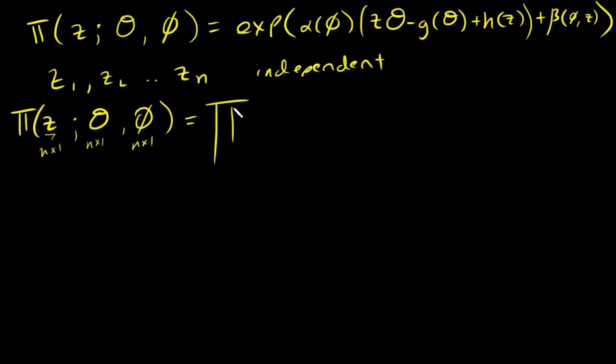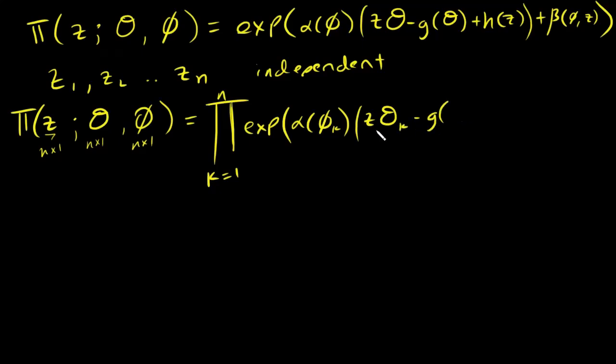So this is capital pi or large pi noting product, from k equals 1 to n of e to the alpha of k, z_k theta_k, z_k times g of theta_k, h of z_k, close those parentheses, and then beta.